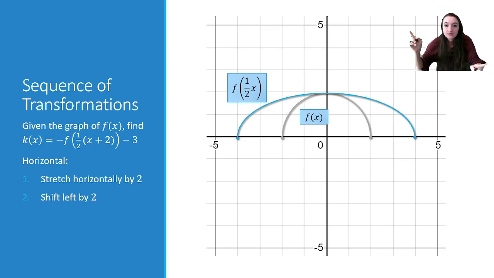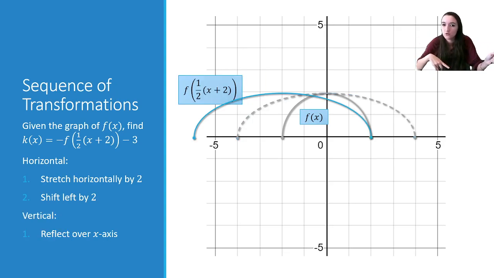Then, next, I'm going to deal with my horizontal shift, which, because it is plus 2, I'm shifting to the left, because again, plus 2 on the inside for a horizontal shift does the opposite of what you'd expect, so it's heading towards the negative side of the coordinate system. So we are going to the left 2. The whole thing gets shifted over to the left by 2.